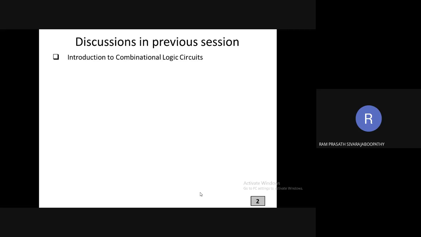In the case of a combinational logic circuit, the output depends on the present combination of inputs, or current inputs. So the output is based on whatever inputs we give now.